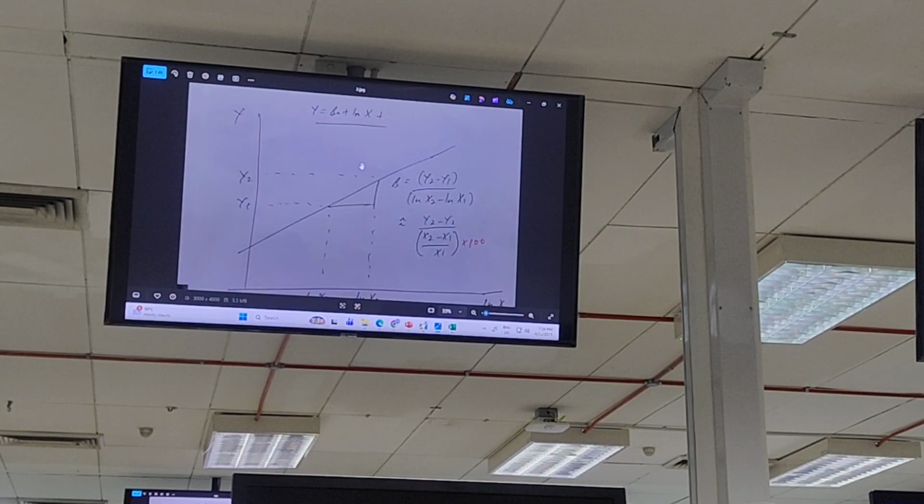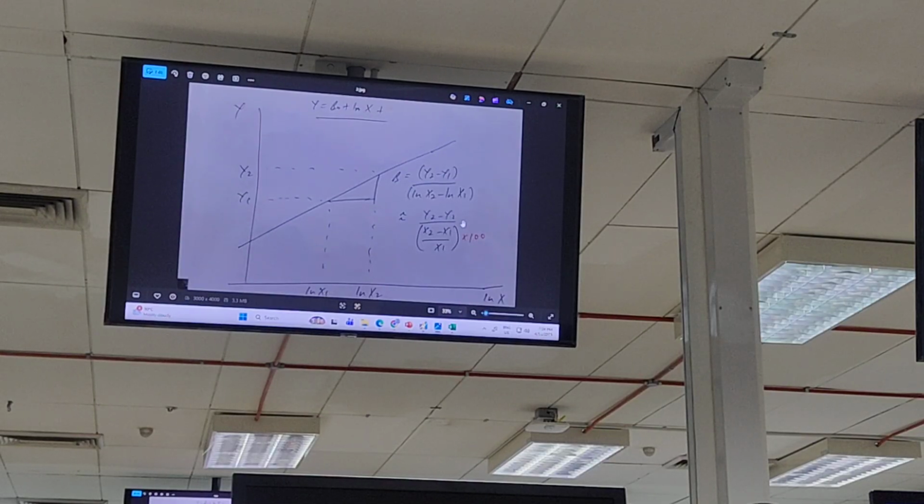So if you are using a linear log model, you have to do it again. This one you divide and not multiply. If you use a linear log model, you regress y against log of x, and you get the estimate of slope beta 1. In terms of interpretation, beta 1 represents the absolute change in y per relative change in x.